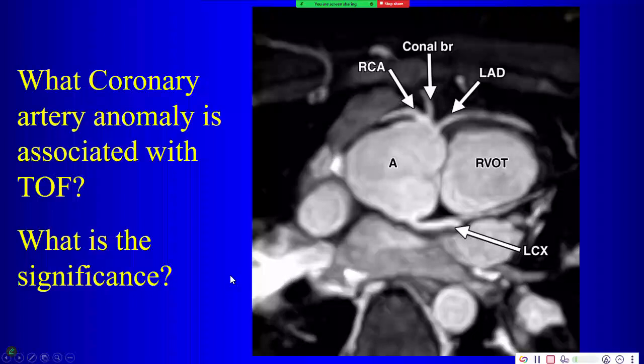So what's the anomaly here having to do with the left anterior descending coronary artery? And what is it doing as far as the course? Yeah, so the anomalous vessel goes across the outflow tract of the right ventricle. Now, why is that important? Why is that significant?